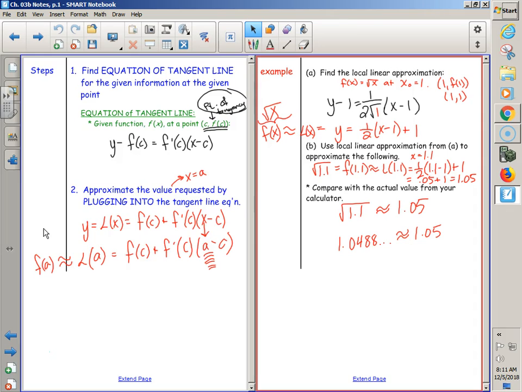Why? Because I know it. So when I went to plug in, I could do f of 125, not 122, but 125, equals f prime of 125 times x minus 125. The cubed root of 125, that's my function. So then I was able to say, oh, I know the cubed root of 125.